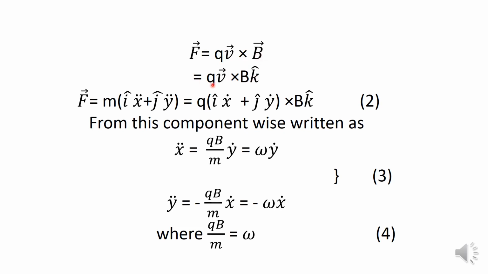And if this equation is written in component form, capital F is equal to small m into i hat x double dot plus j hat y double dot. Here m is the mass of the charged particle, and x double dot and y double dot are the components of acceleration: x double dot is the x component of the acceleration of the particle, and y double dot is the y component.